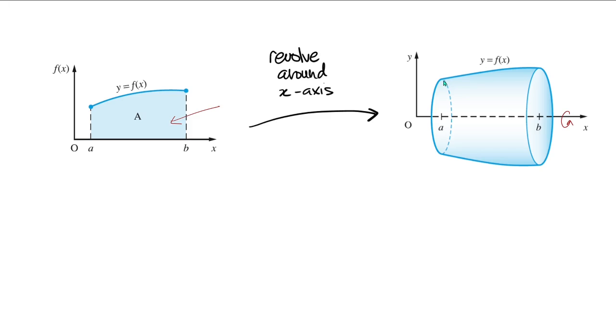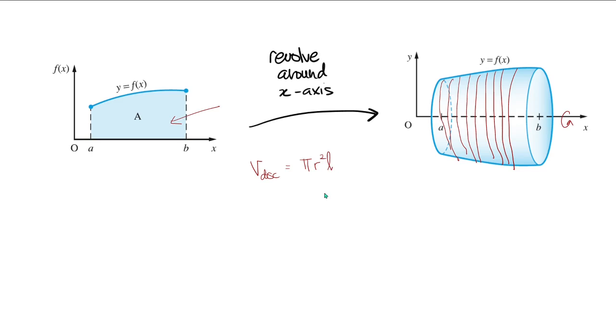The way we're going to do this is we slice these solids into many thin discs. We've learned before that the volume of a disk can be obtained by pi, multiplied by the radius of that disk squared, times the thickness of the disk, small l.